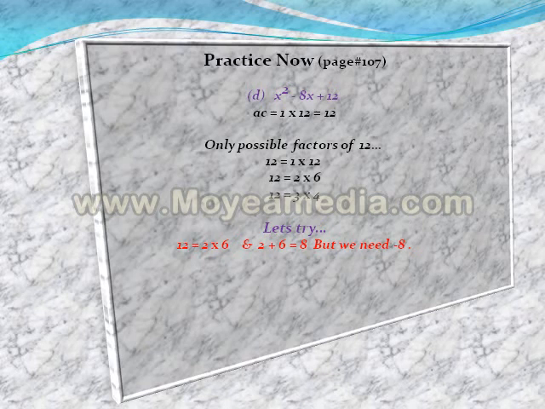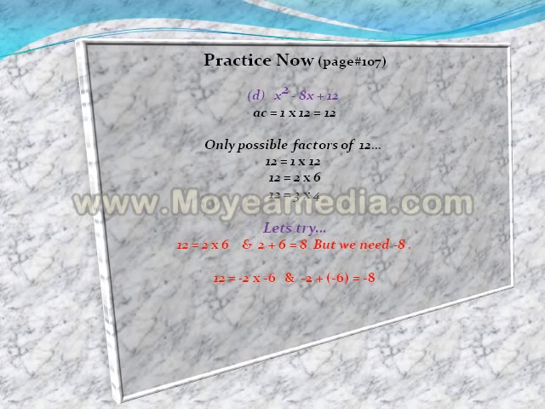Okay, let's try. What I just told you, if you multiply 2 and 6, you get 12. Fine, first condition is true. 2 plus 6 is 8, but what we are looking for is minus 8. So still a little closer, but we haven't got the answer. Here is the one. If we take minus 2 and minus 6, when they're multiplied, it will give us 12.